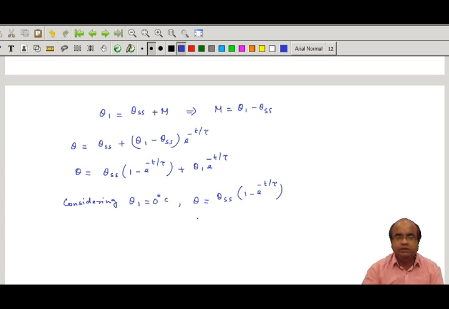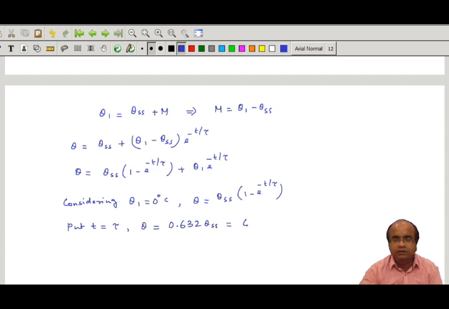Now putting tau equals the heating time constant, if I put t equals tau, this defines theta becomes 0.632 theta SS.